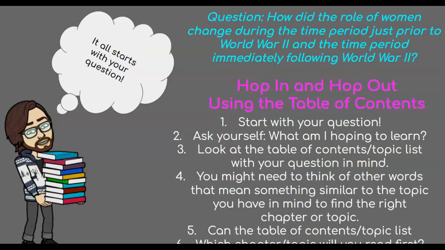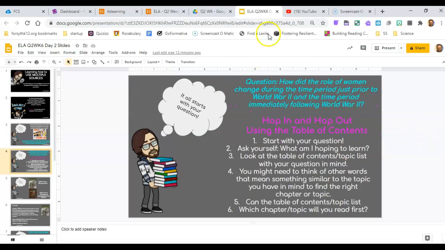And then we talked about yesterday hopping in, and this was hopping into the table of contents, jumping in and seeing what we could find, and then getting out without spending too much time in that resource. Hopefully, the table of contents can give you some clues. And so you are going to do this again today, just like yesterday.